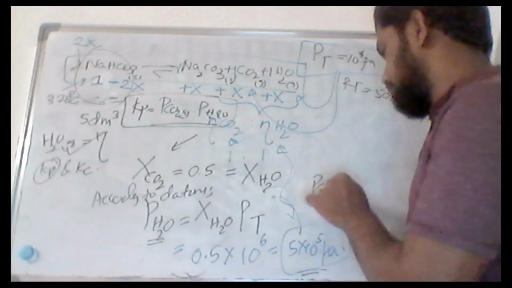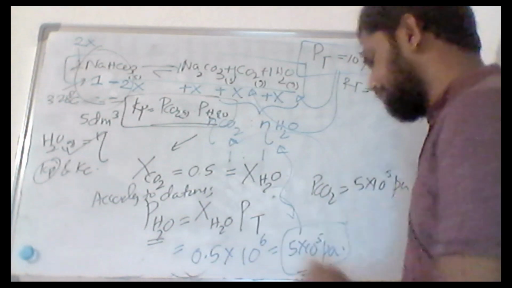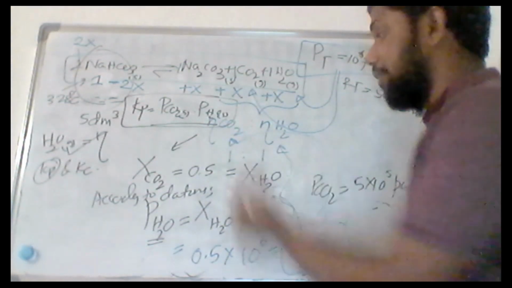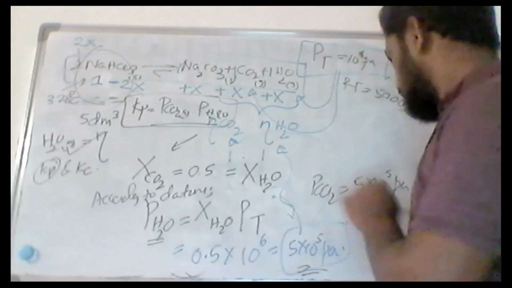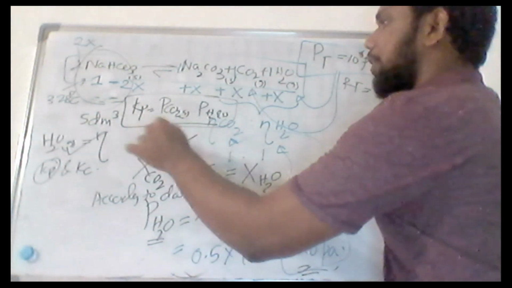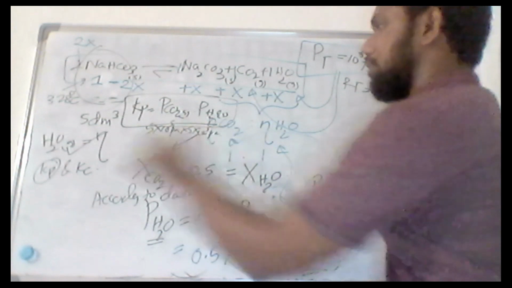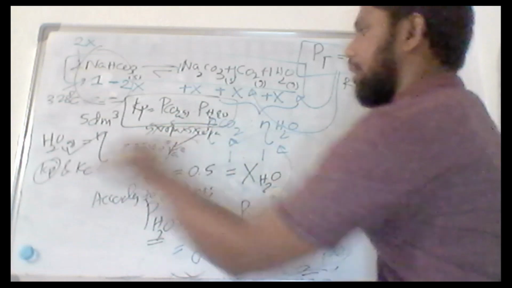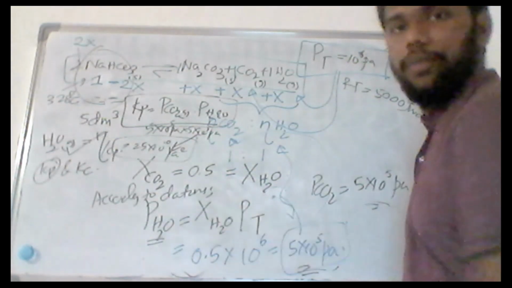So you can write PCO2 is equal to 5 into 10 to the power 5 Pascal as well, because the mole ratio is 1:1, we have already written in the previous question. So you don't have to write it again. So here this will be 5 into 10 to the power 5 Pascal times 5 into 10 to the power 5 Pascal. So it will be 25 into 10 to the power 10 Pascal square. So this is our Kp expression, the value of Kp.